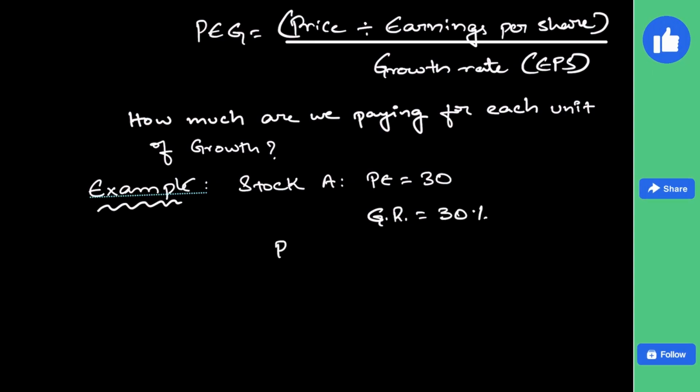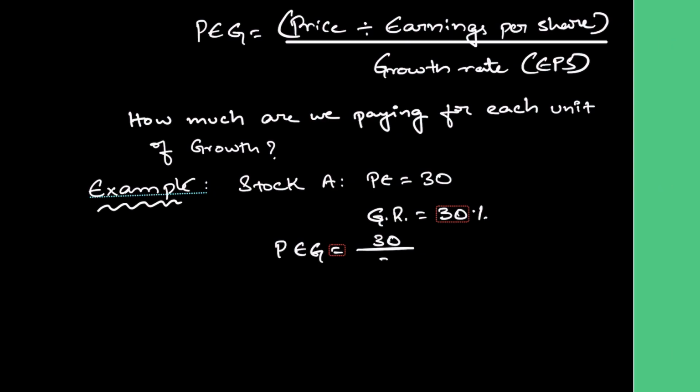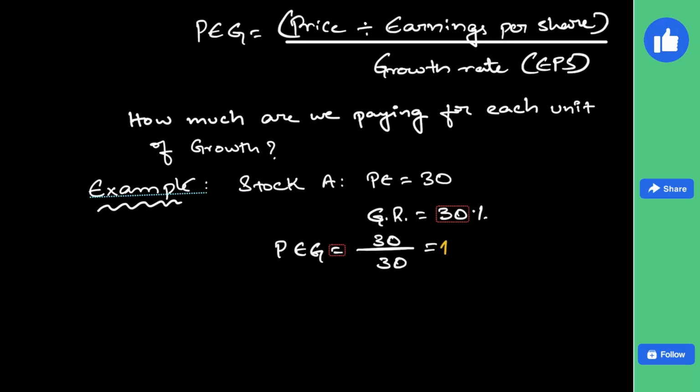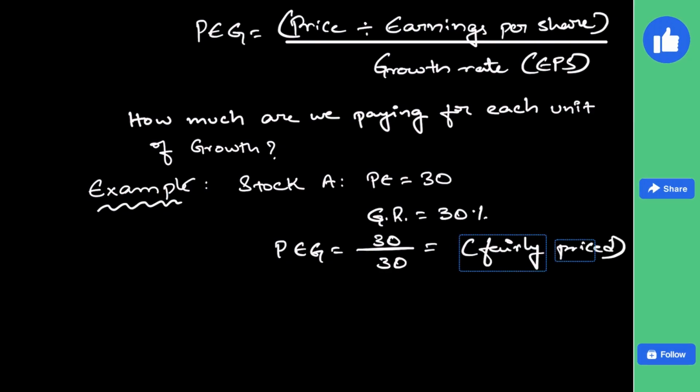So we calculate PEG as the PE ratio 30 divided by 30. Instead of percent, we just use 30. This gives you the value of 1, and we say stock A is fairly priced.